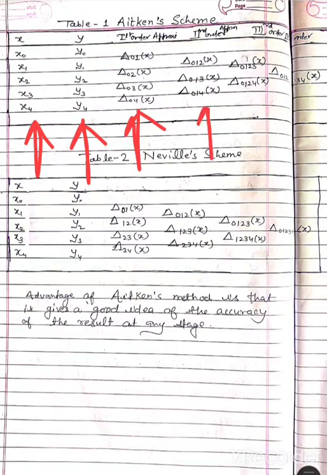In the second approximation we obtain these values, and in the third approximation, suppose we have 5 points given, we obtain up to the fourth order approximation, that is the last, delta 0 1 2 3 4 x.